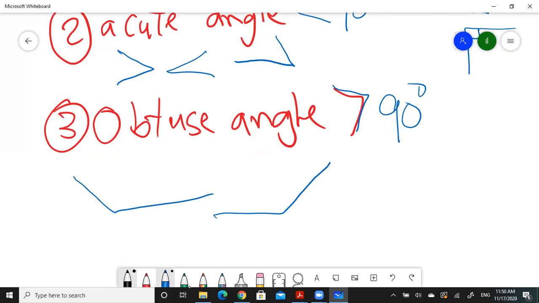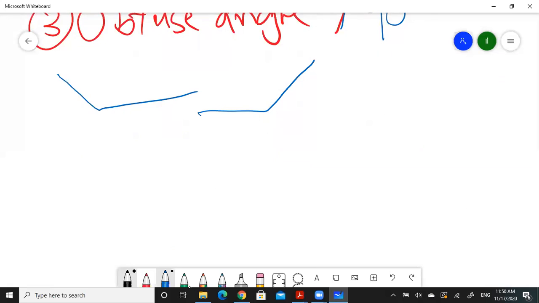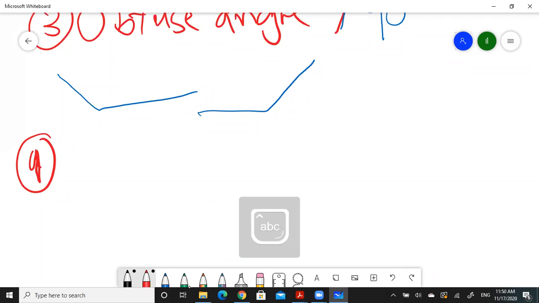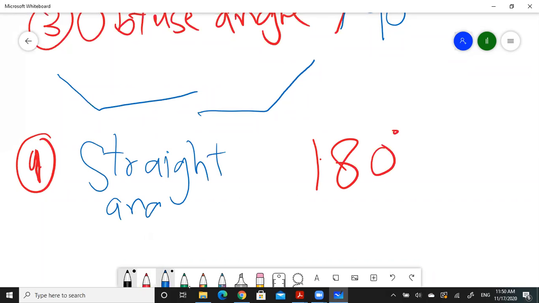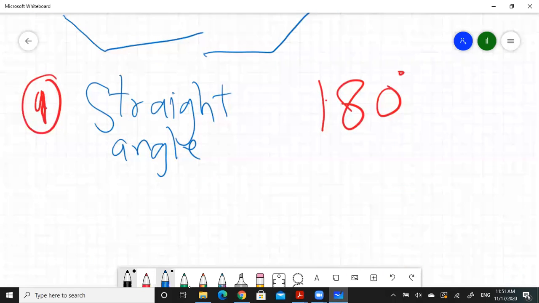The last type of angle is the straight angle, which is 180 degrees. A straight angle is a straight line, the angle on the straight line.